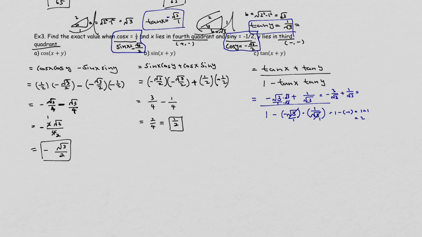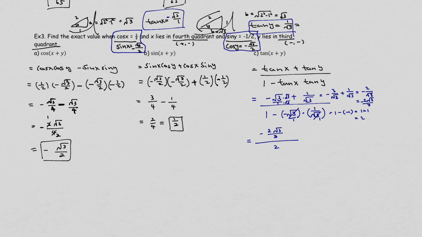And that gives you negative 2 over square root of 3. And when you rationalize that, it gives you negative 2 square root of 3 over 3. So if you rewrite this, the numerator, you actually get negative 2 square root of 3 over 3, over 2, is what you have.